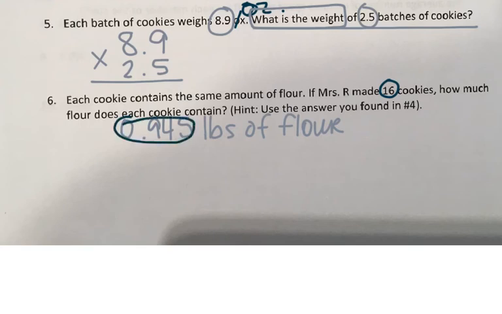Okay, and then it says, how much flour does each cookie contain? How much in each? If you look at your keywords, how many in each? That's division. So you are going to be dividing 0.945 pounds of flour over 16 cookies.